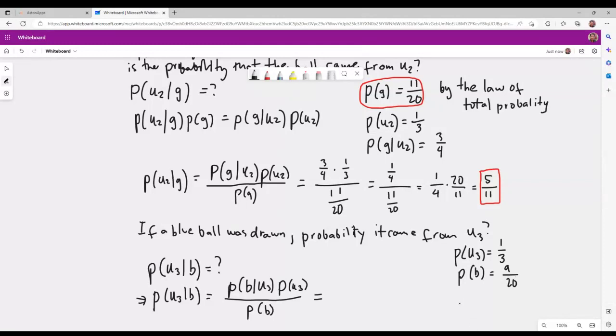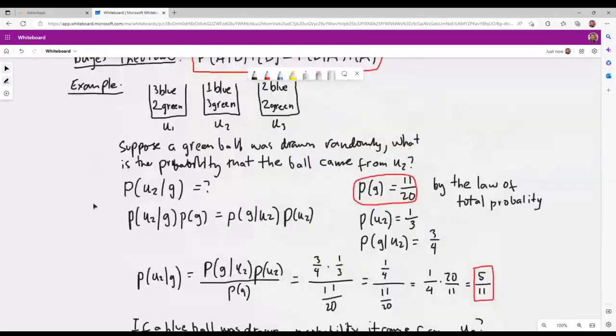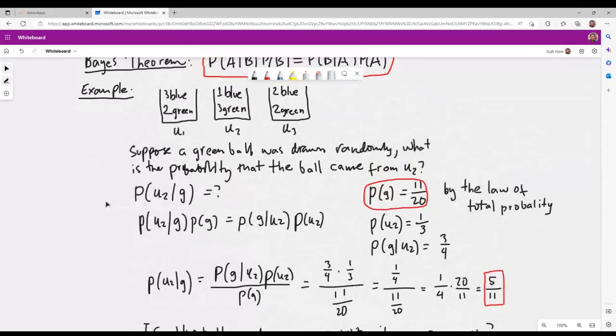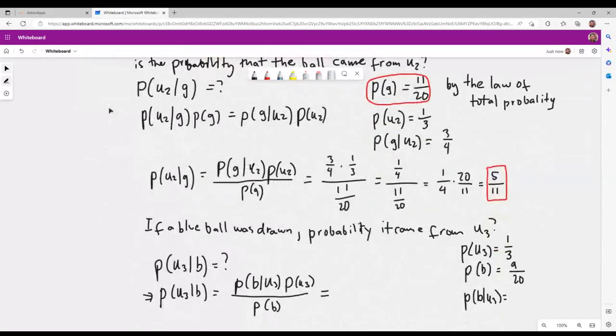And the probability of drawing a blue ball from the third urn is determined by looking again at our illustration. So for urn 3, there are 2 blue balls and 2 green balls. And so the probability of drawing a blue ball from urn 3 is equal to 2 over 4, which can be simplified to 1 over 2.